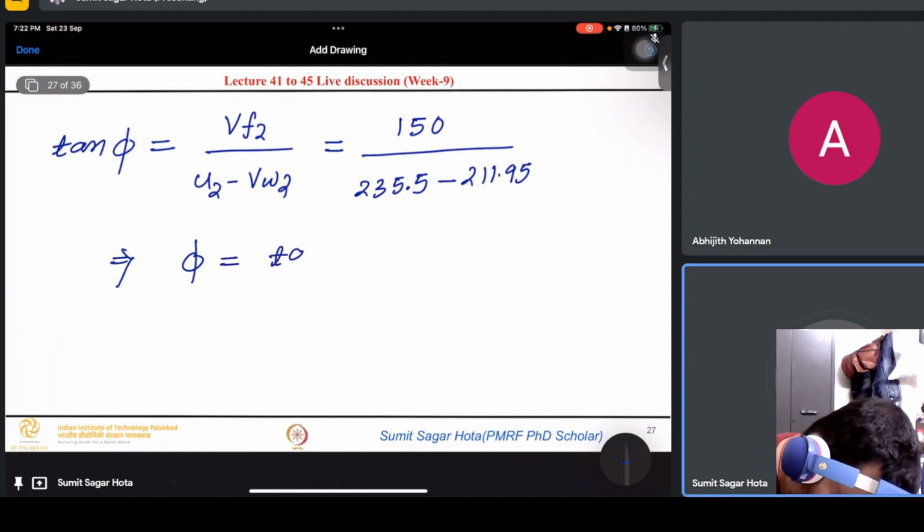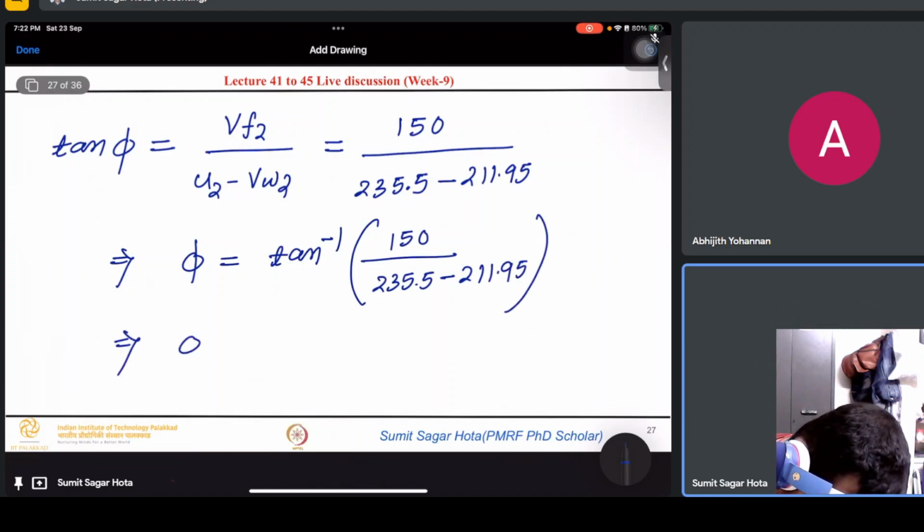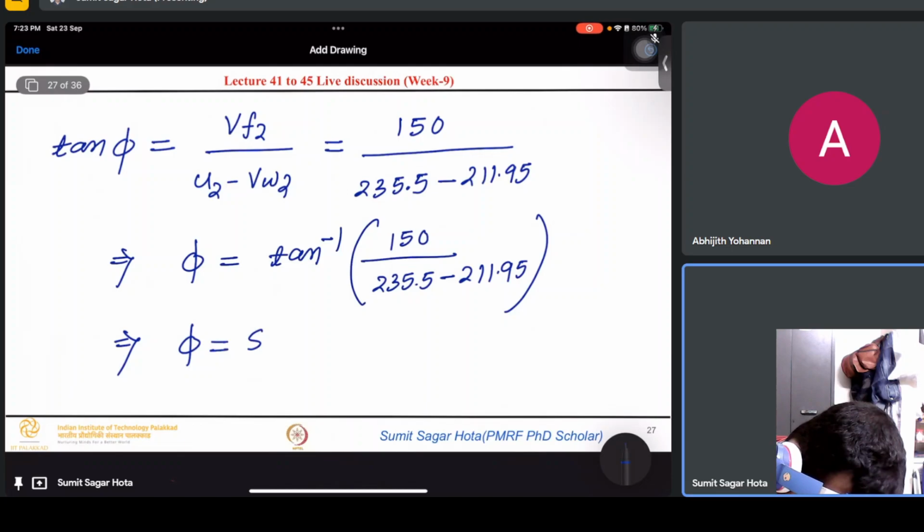So phi is equal to tan inverse of 150 divided by (235.5 minus 211.95). When you solve, you get the phi value as 81.07 degree.